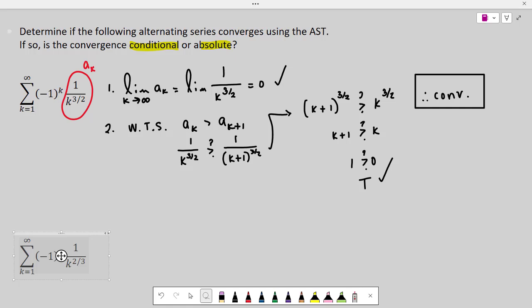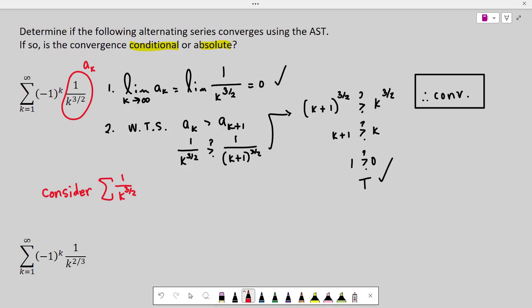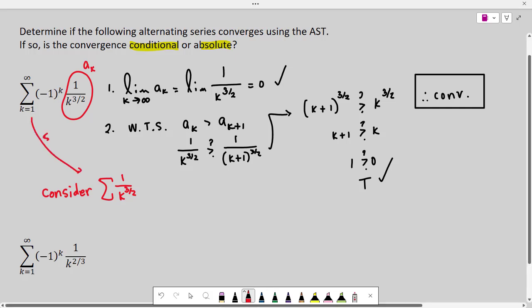So now we're going to consider the series of positive terms, where everything is positive. We take away the switch. So that's the series of absolute values.